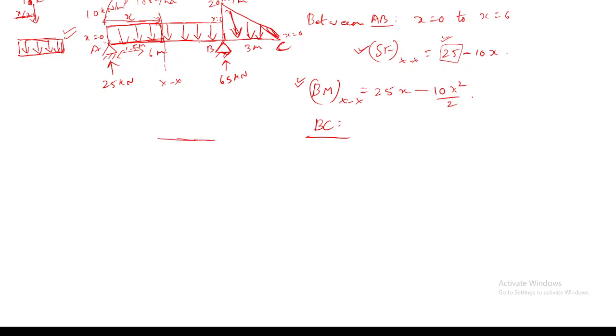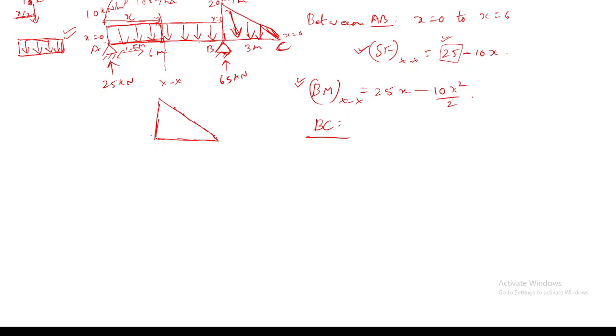Any idea? Sir, then reaction will not come into the picture. Reaction anyway is going to come into the picture. Even if I take x equals 0, the reaction won't be coming into the picture at point B.